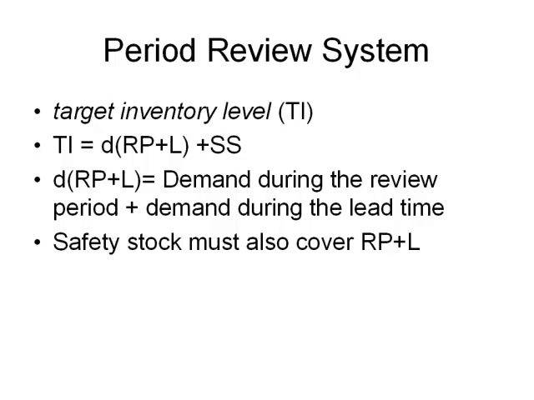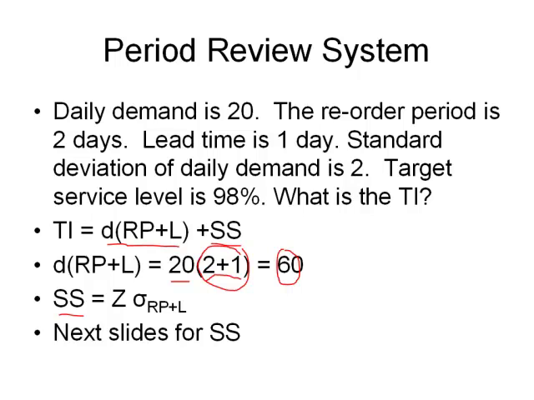So to look at that a little bit more formally, the target inventory level is equal to the demand during the reorder period plus the lead time, plus safety stock. Let's look at an example of that.